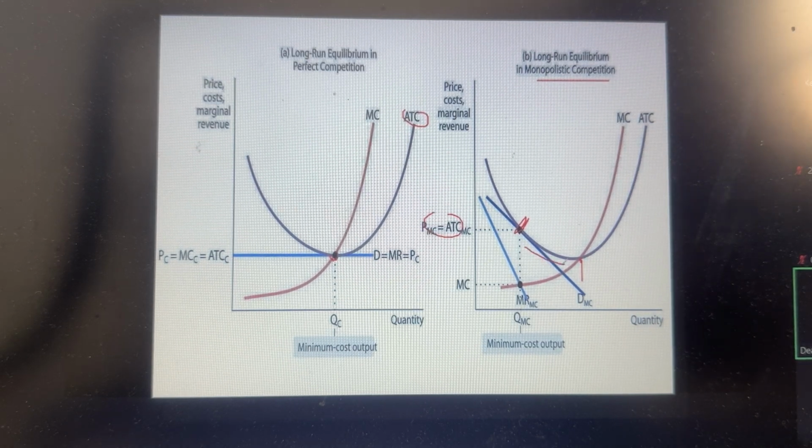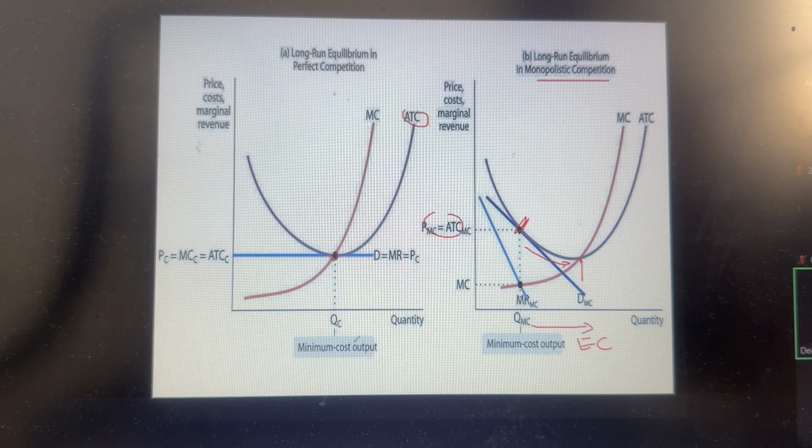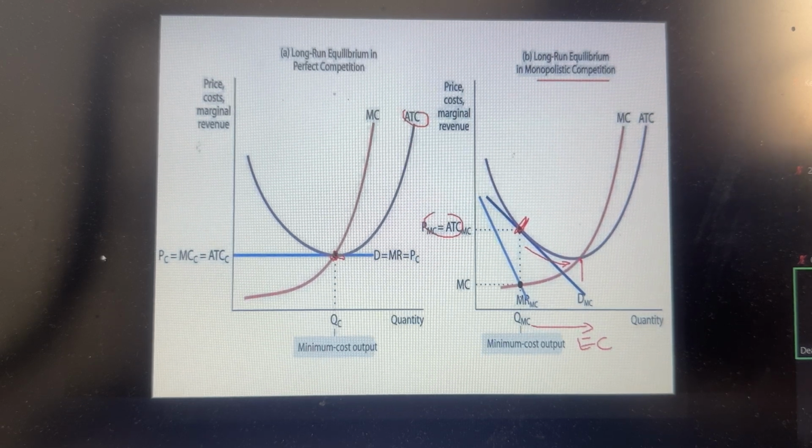Even though there is a possibility to come. This is actually wasting capacity. It's called excess capacity, the excess capacity situation in monopolistic competition. This is a cost to society actually. Even though profit is 0, perfect competition long run equilibrium happens at the minimum point of ATC. Monopolistic competition long run equilibrium happens at the downward sloping segment of the ATC. That is the difference between the two.